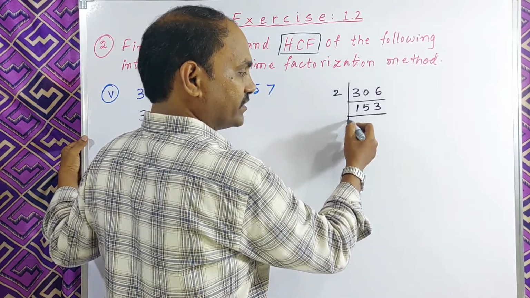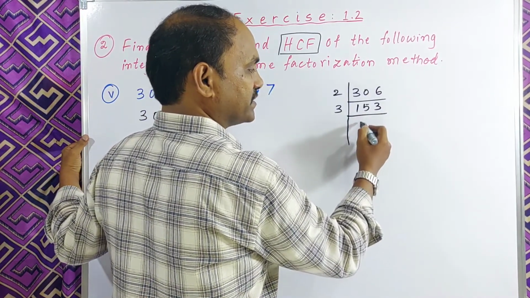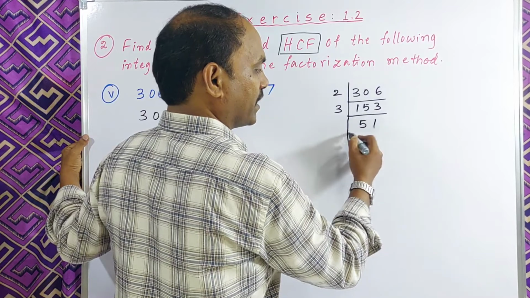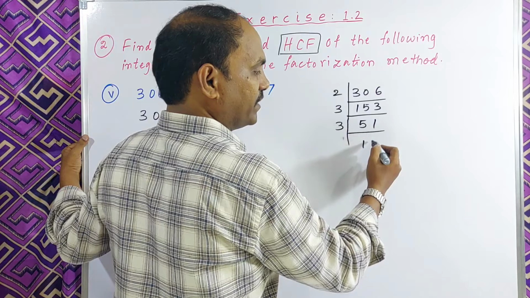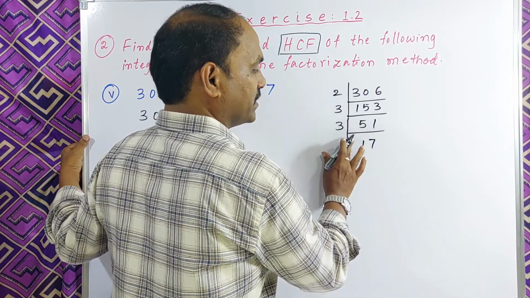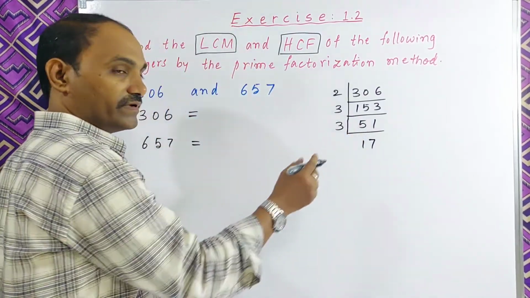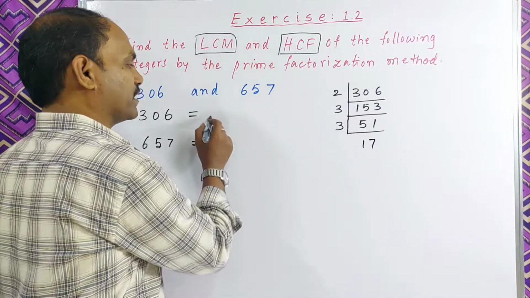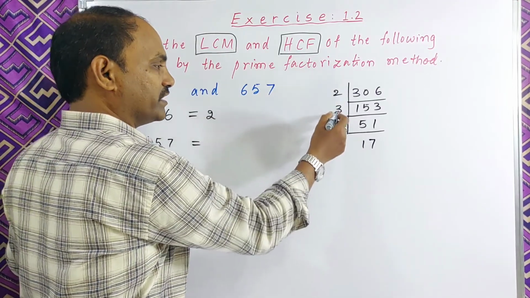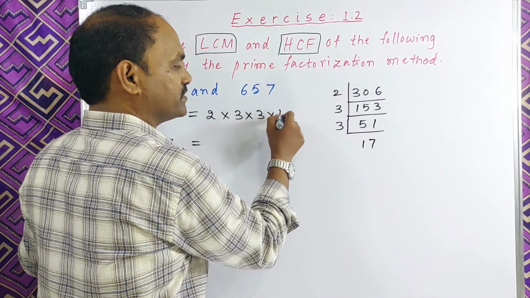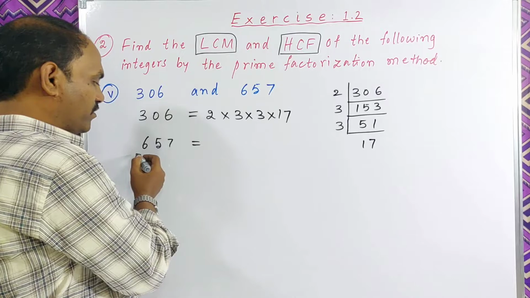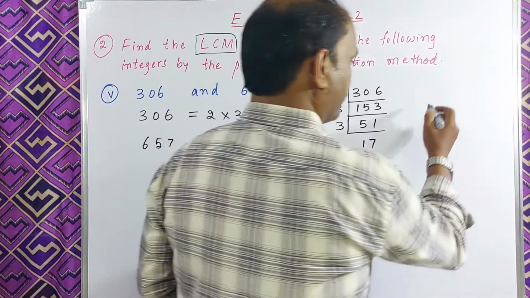This one is divisible by 3. 3 fives are 15. 3 ones are 3. Again by 3. 3 ones are 3. 2 is there, 21. 3 sevens are 21. Means 17. 17 is a prime number. No need to divide there, stop there only. 306 is 2 into 3 into 3 into 17.